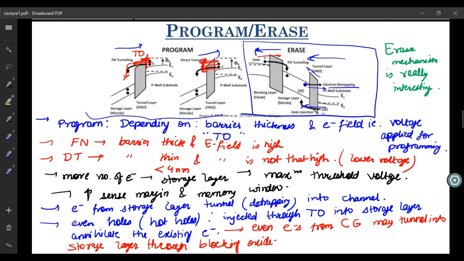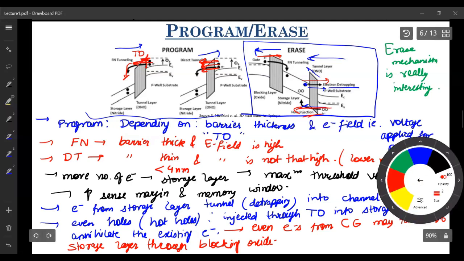So at one time, close to the tunneling oxide, the electrons are coming towards the channel, or the holes are tunneling towards the storage layer and annihilating these electrons. However, at the same time, electrons from the control gate may also move towards the storage layer through FN tunneling, and add electrons to the storage layer. So these two mechanisms are happening in parallel.